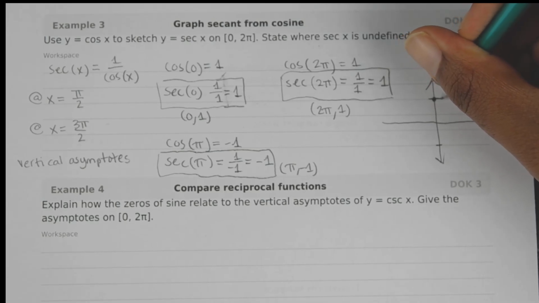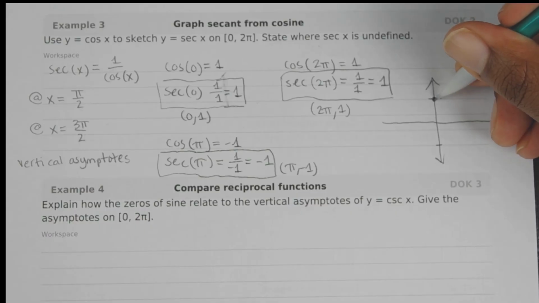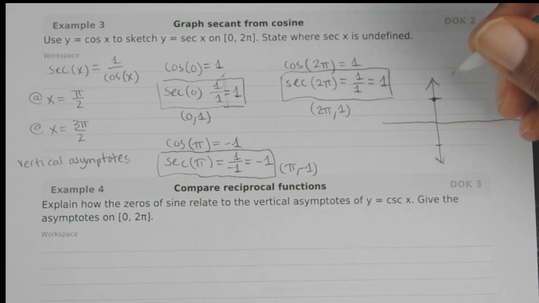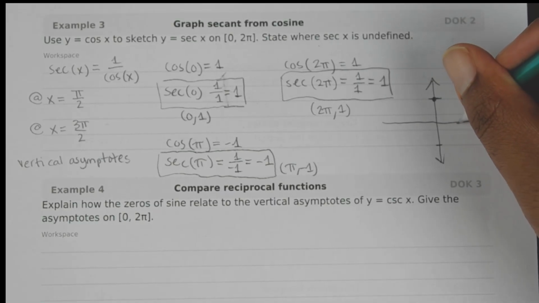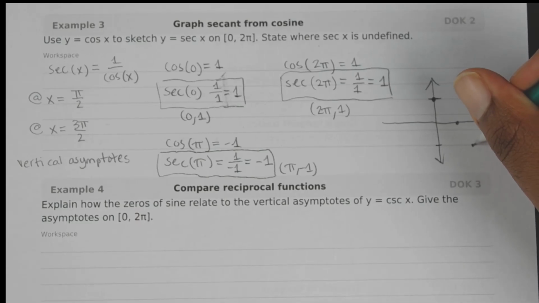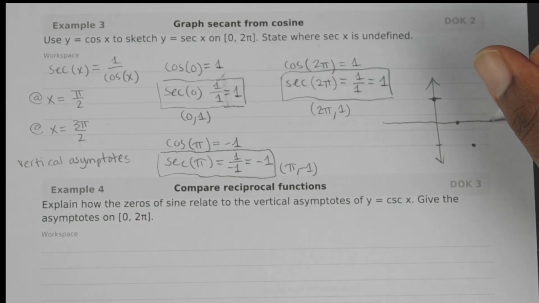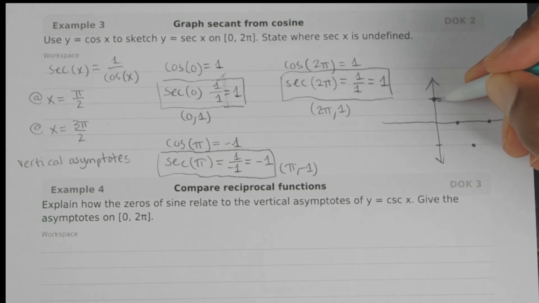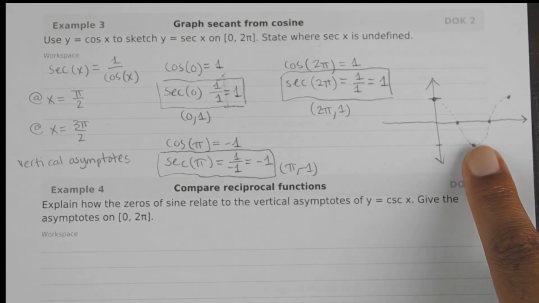The first period would be here, because (0, 1) would be here, then it would come here, then here, then here, and essentially it would look like this. That's how cosine x looks.